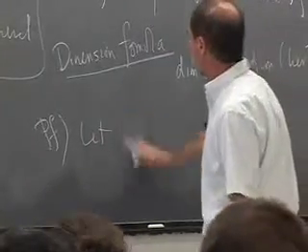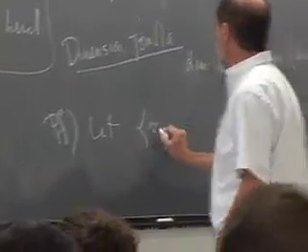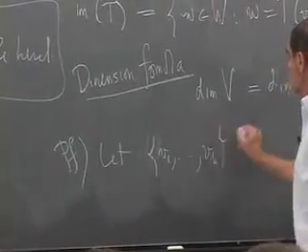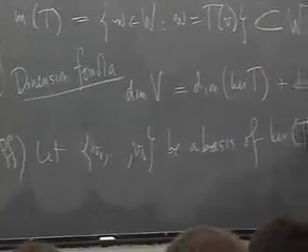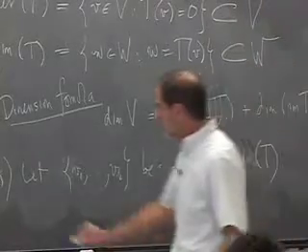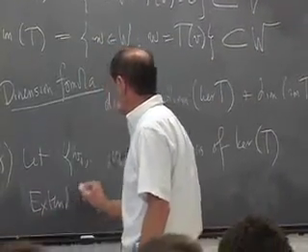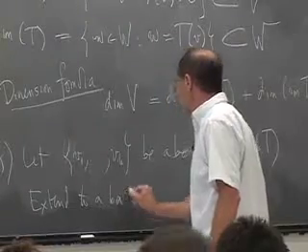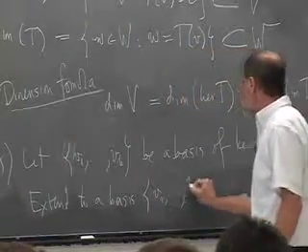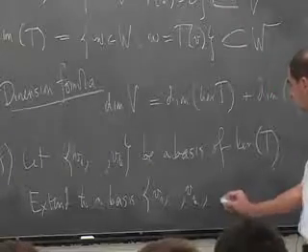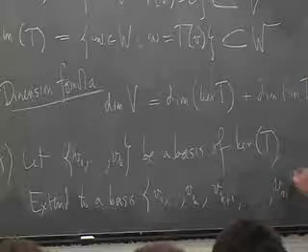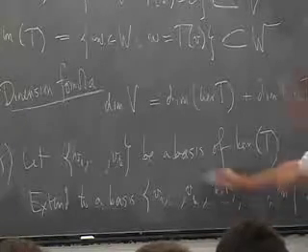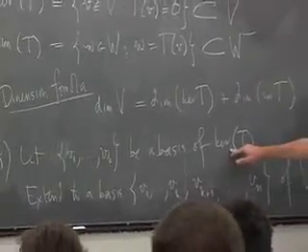Proof. Let v_1 through v_k be a basis of the kernel of T. And extend this to a basis v_1 through v_k, and then v_(k+1) up to v_n of V. So in other words, first of all, the kernel is a subspace, so it has a basis.